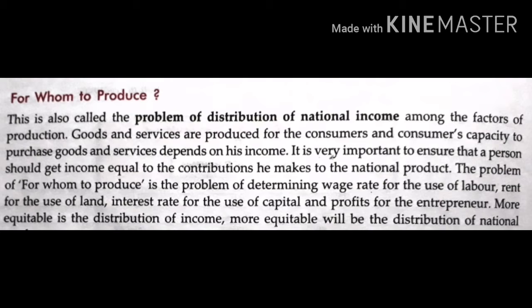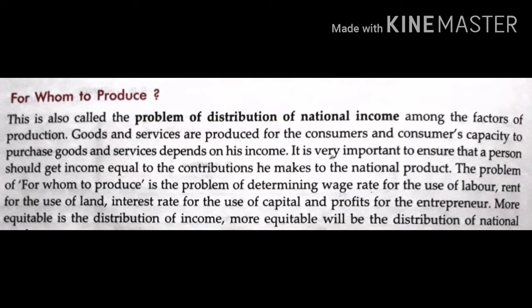The money value of all these goods and services is then divided among four factors of production, as all goods and services are produced with four very important factors: land, labor, capital and entrepreneur.